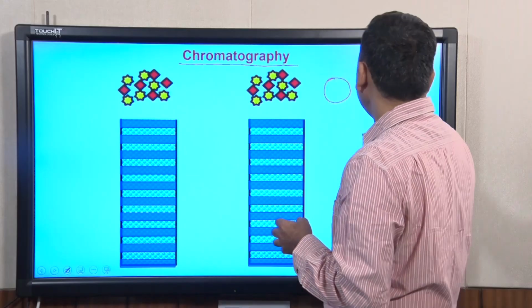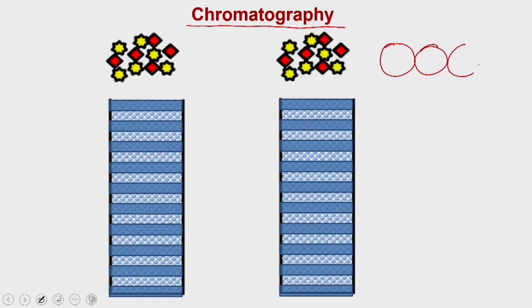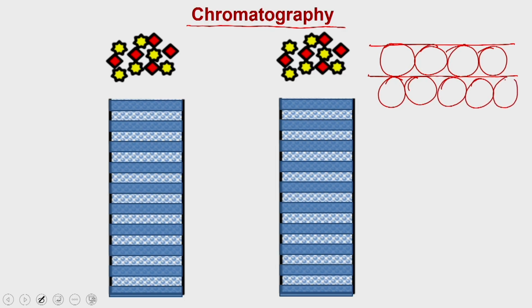Now, these beads are arranged in such a fashion that they make layer after layer. The beads are sitting onto each other, making multiple layers. Once a molecule X or Y is interacting with these beads, it experiences a distribution.